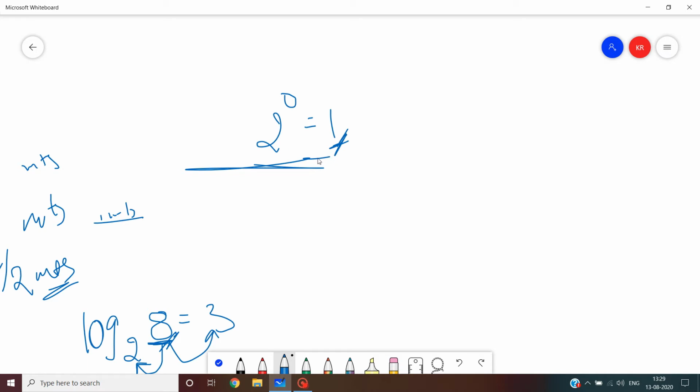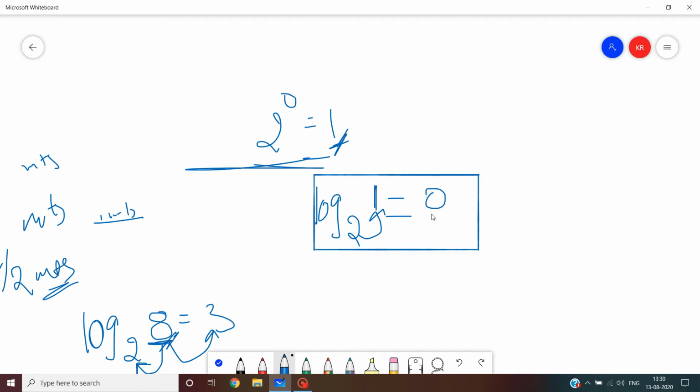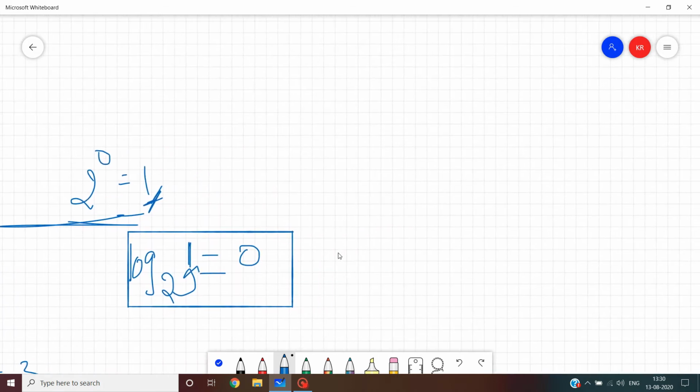How can we denote it in logarithms? I have my final result of 1, and the product has the ability to grow by doubling. After what time will I get my final result as 1? The process has not yet started, so it will be 0. This is the way to denote it in logarithms.